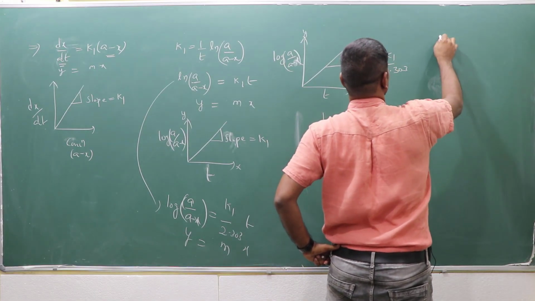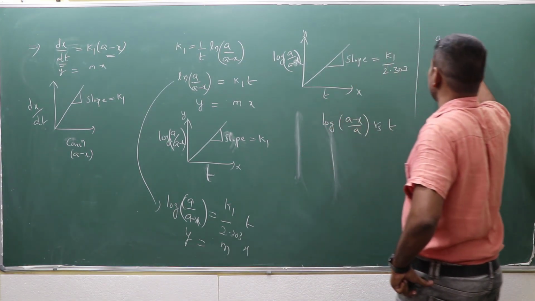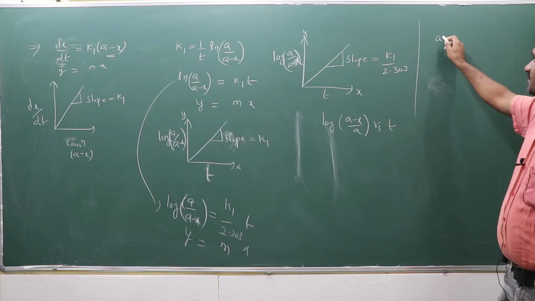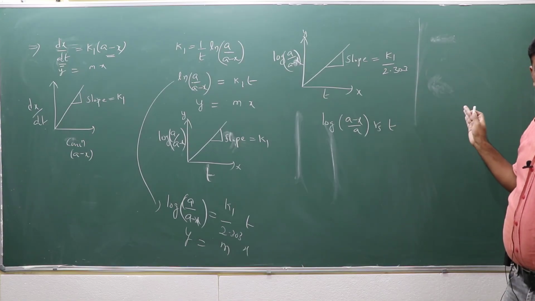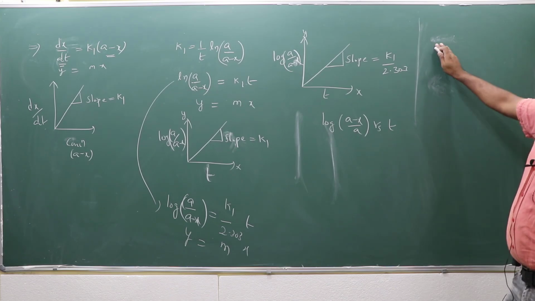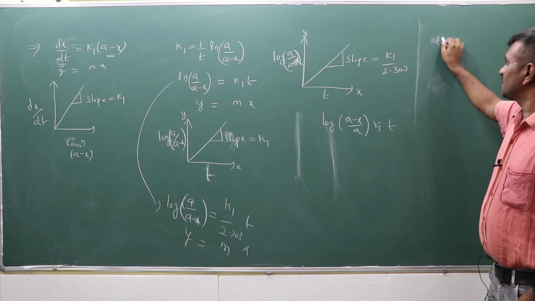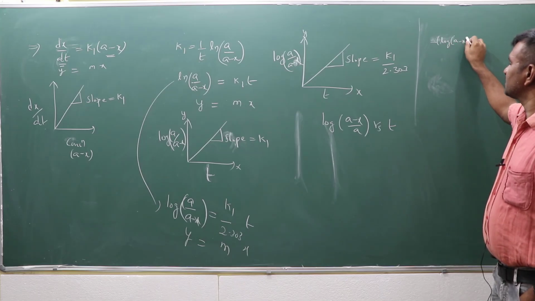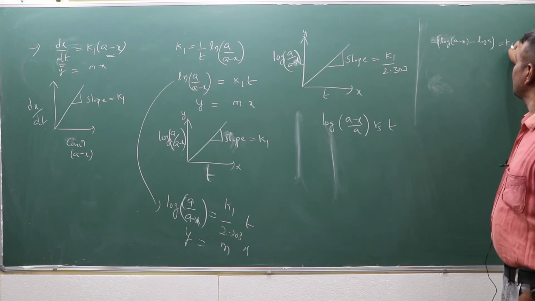So you know that log a minus x minus log a is equal to k1 t.